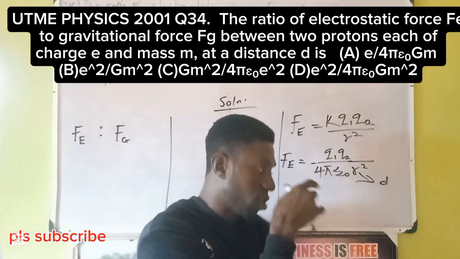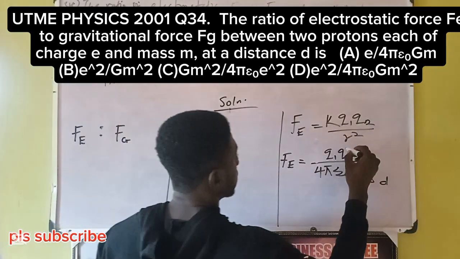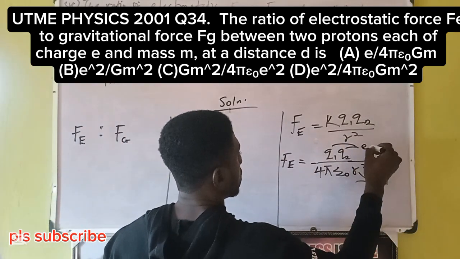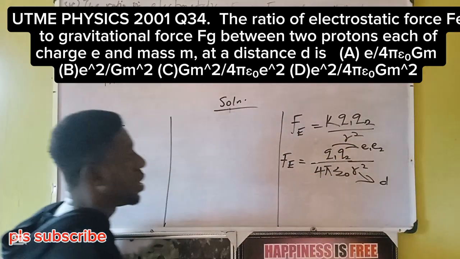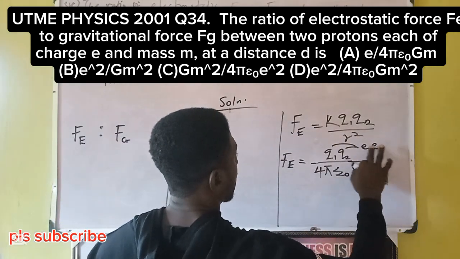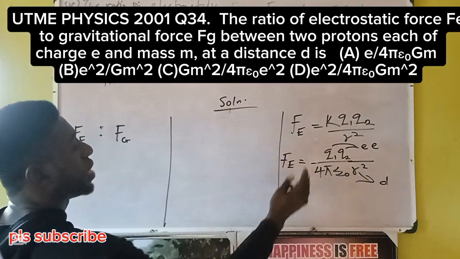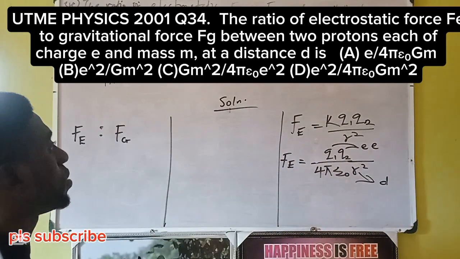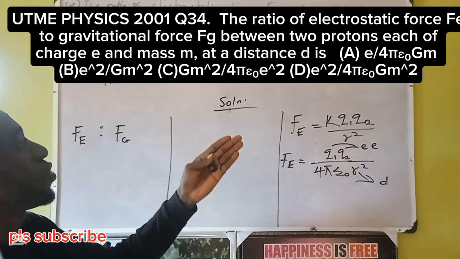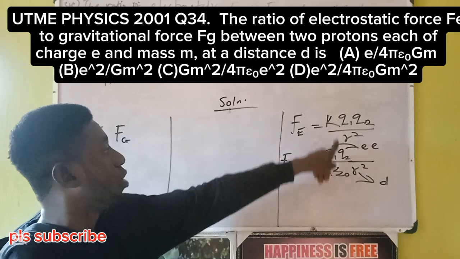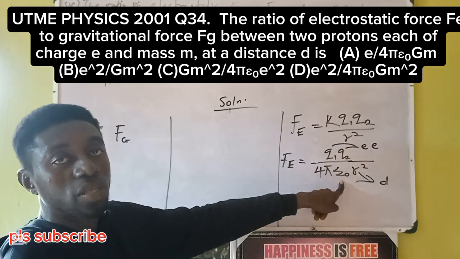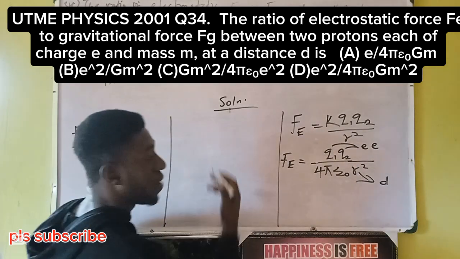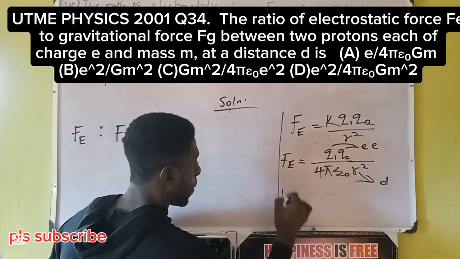Two charges, two protons, but the question is saying I should use e for both. e1, e2, and they are the same. Since they are proton, proton, I can just say e e. Then let me now change this equation to suit what the question is asking. Also notice the options. We are going for this constant and not just k, 1 over 4 pi epsilon naught. That's similar to what we have in the options. So I'll take it this way now.